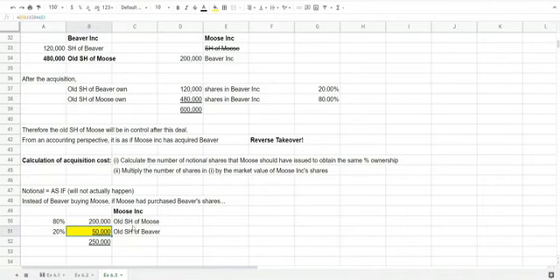If Moose Company had purchased Beaver shares in an all-stock deal, Moose will need to have issued 50,000 shares of its own to bring the percentage ownerships the same as what we have right now. 20% old shareholders of Beaver, 80% old shareholders of Moose.